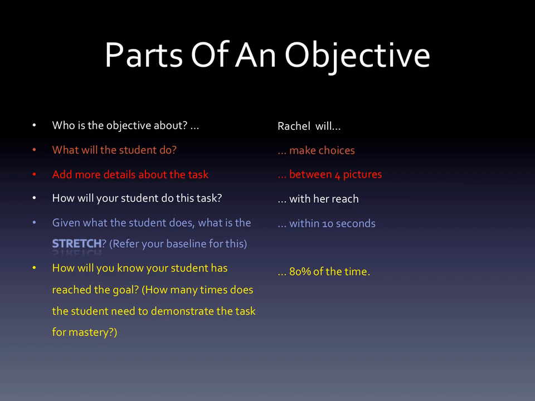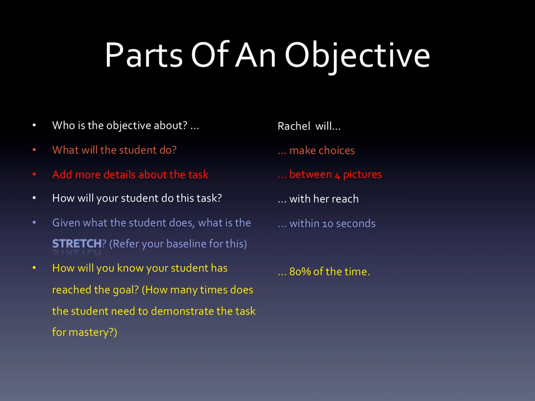Next, we ask the question, what? What will the student actually do? In this case, it may be making choices. But we need more detail about the choices, perhaps between 4 choices. Is this for objects, symbols, pictures, or words? And once we have filled in the specific details, we need to ask the question, how will the student do this?